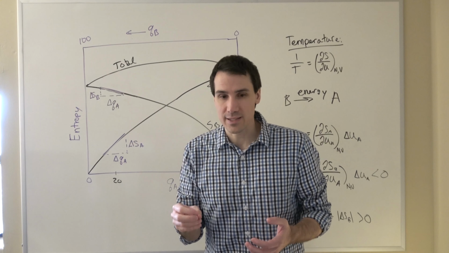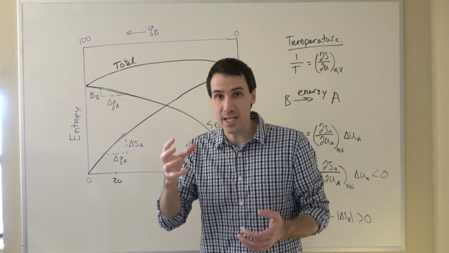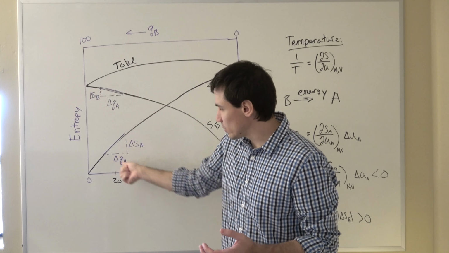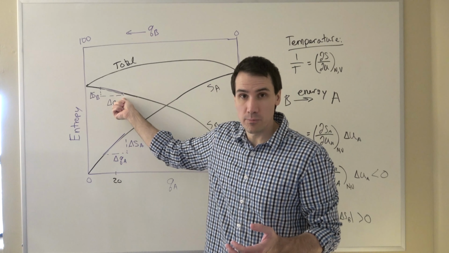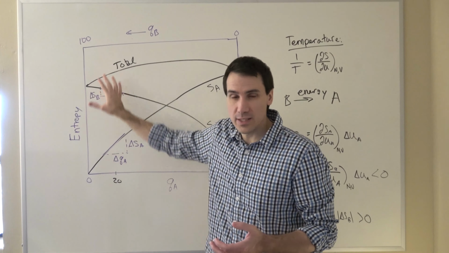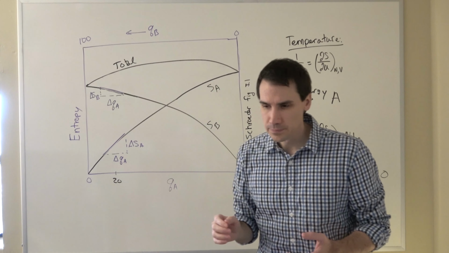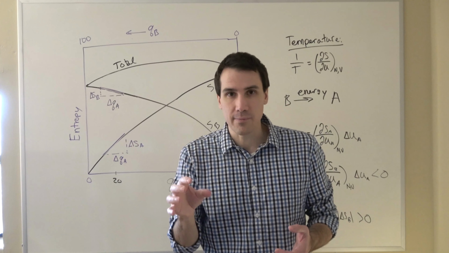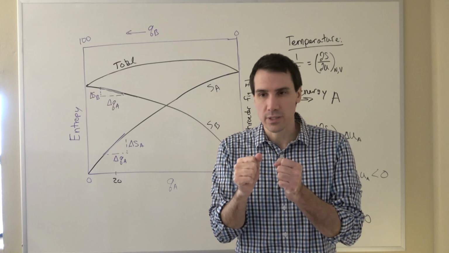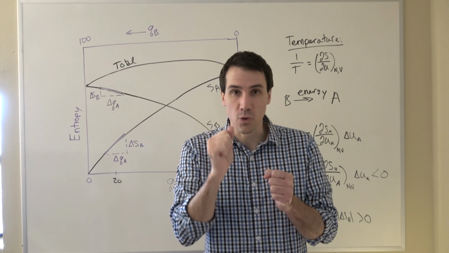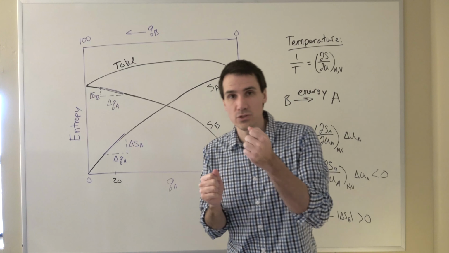The same way of saying this is, you have a lot more microstates, possible states, when you give energy to A and you take energy away from B, when we are here on the graph, when A has small energy and B has large energy. Now, if we think about temperature, if I have two objects that are next to one another, the object that is more warm will tend to give energy to the object that is cooler.